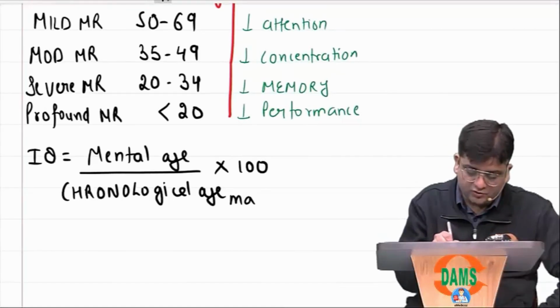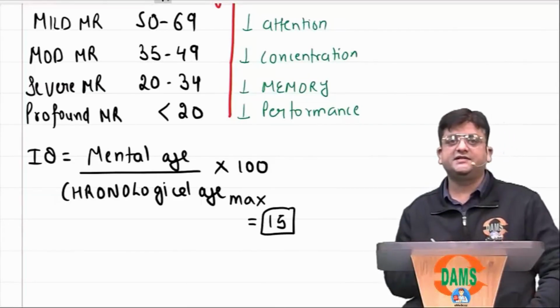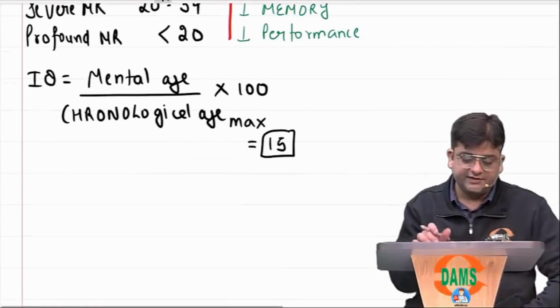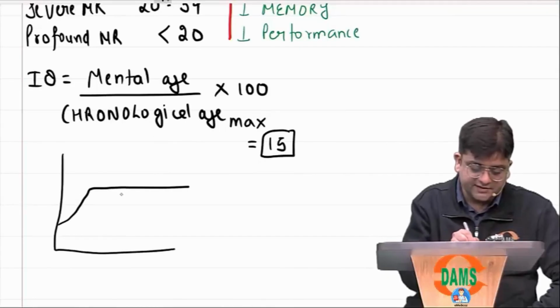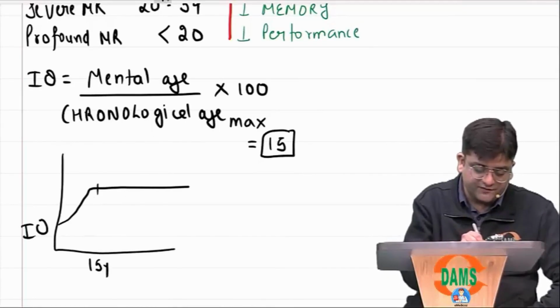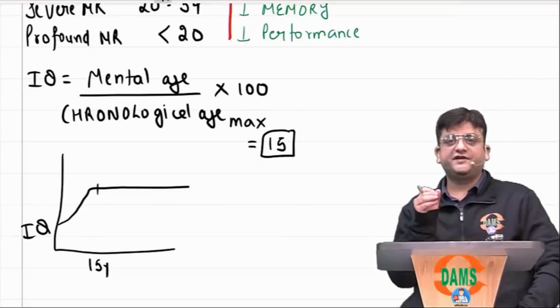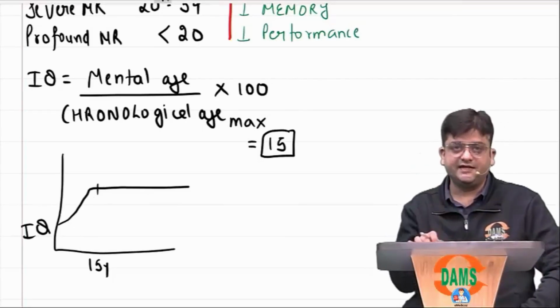But there's a rule. In this formula, chronological age maximum can be taken as 15. The reason being, when you grow up, your IQ increases and attains a ceiling at the age of 15. After 15, the IQ doesn't increase.